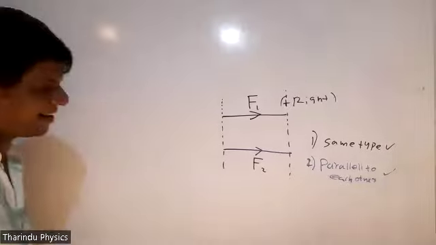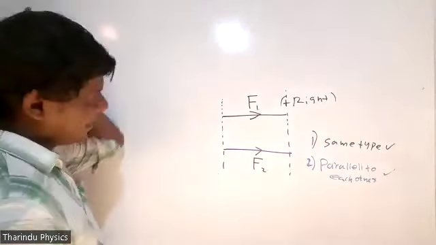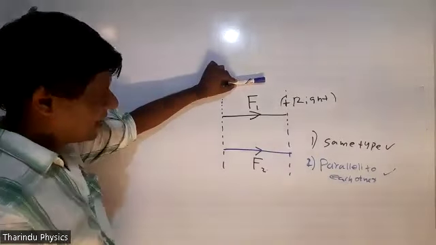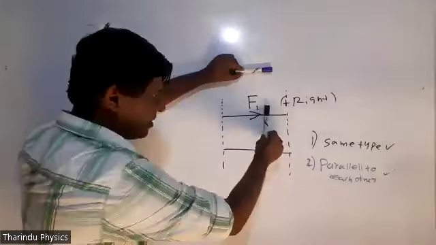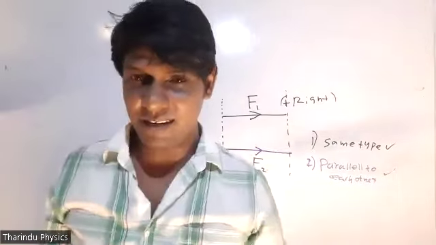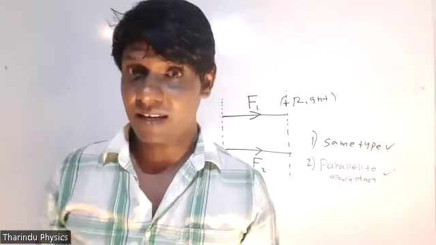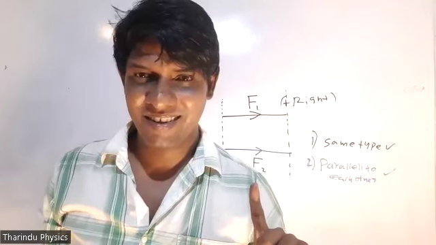If you can't understand parallel, imagine there is a 10 Newton force to the right. There is another 10 Newton force, but upward. Are these two identical? I said all the aspects, not only one aspect.